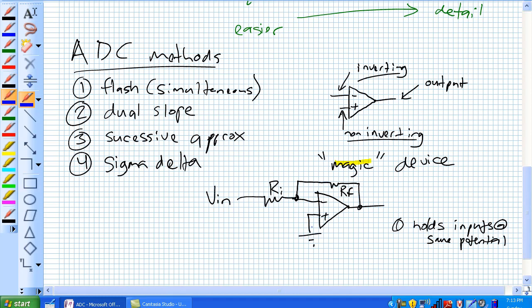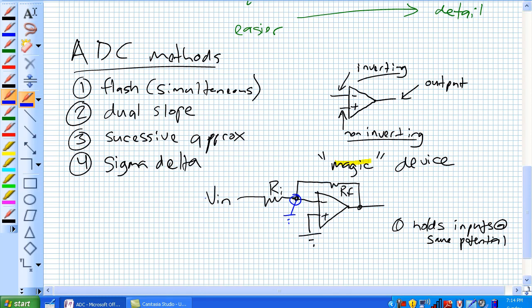If our non-inverting is at ground, our inverting should also be at ground. That's called a virtual ground. No stretch of the imagination there. But now what happens when that point right there is held at ground?